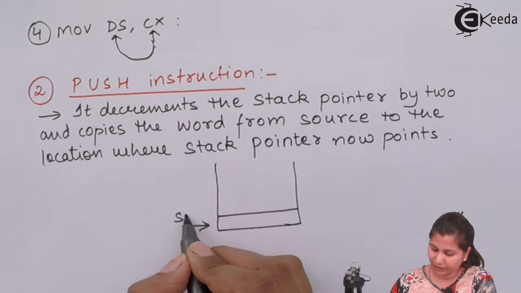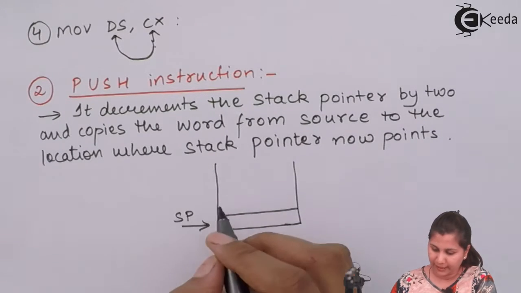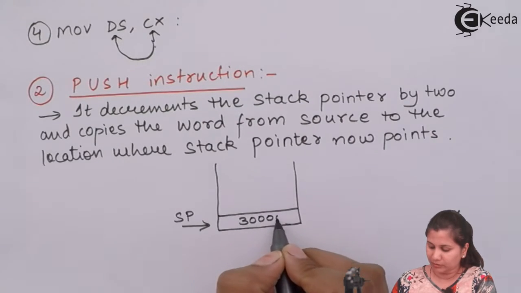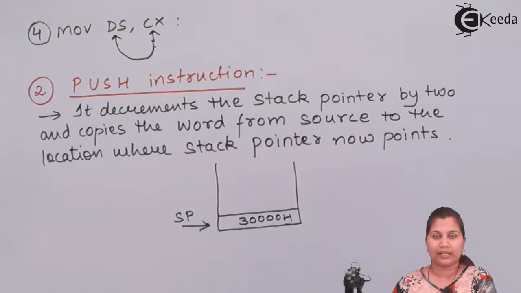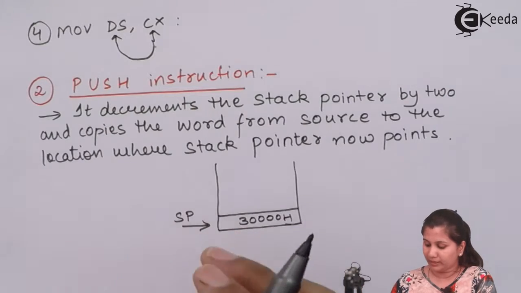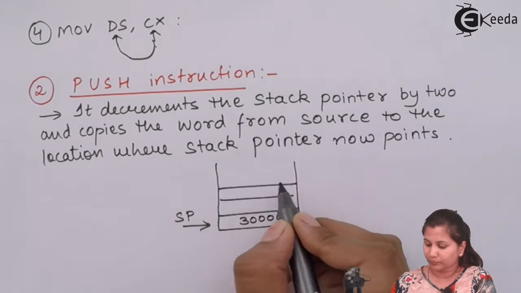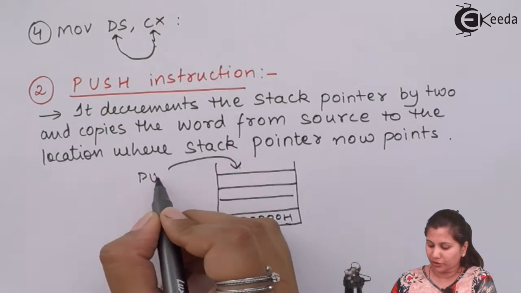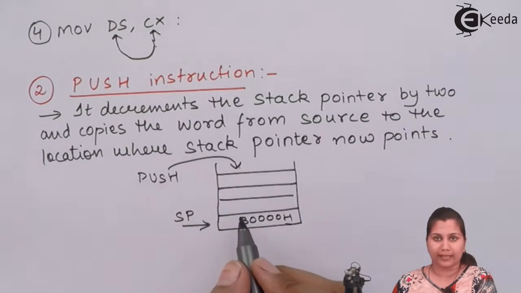The stack pointer is going to point at this memory location. Suppose we have given here 30,000H.